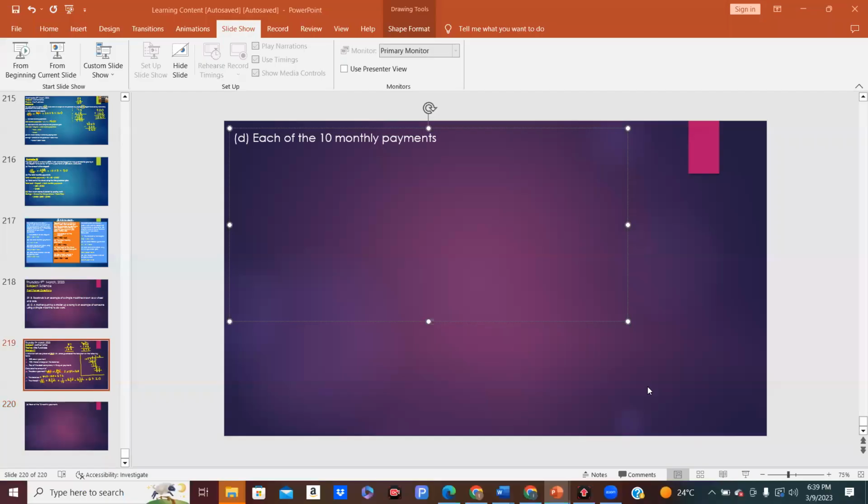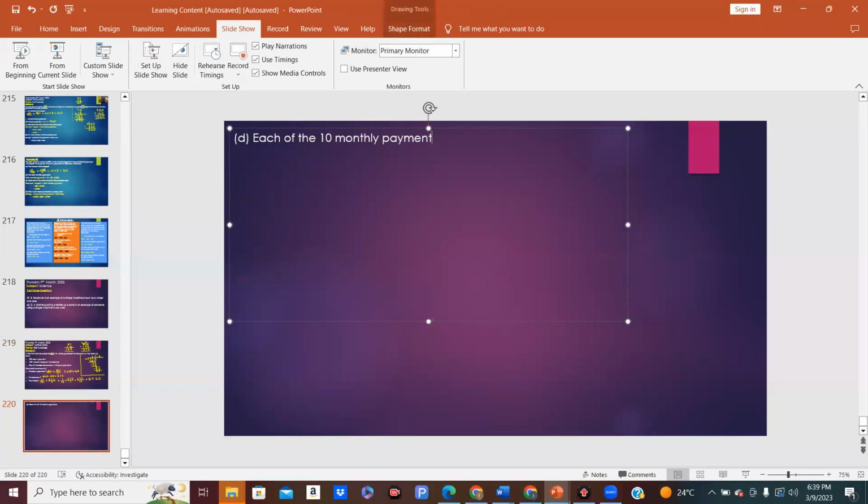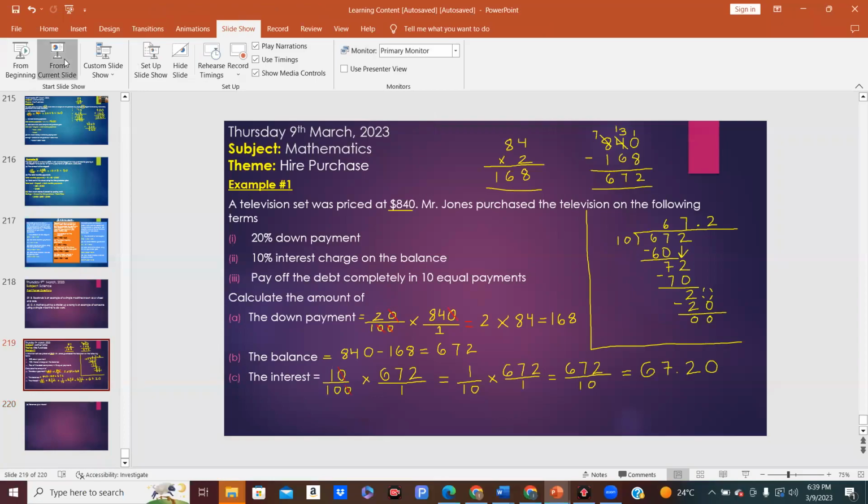Oh, my bad. That's not the next question. The next question is to calculate the balance plus the interest. Okay, what is the balance plus the interest? I think we should do it on the same slide. I might as well just keep it there. 672 plus 67.20.